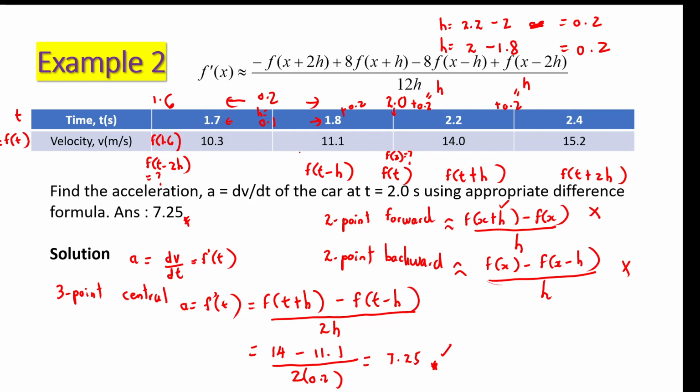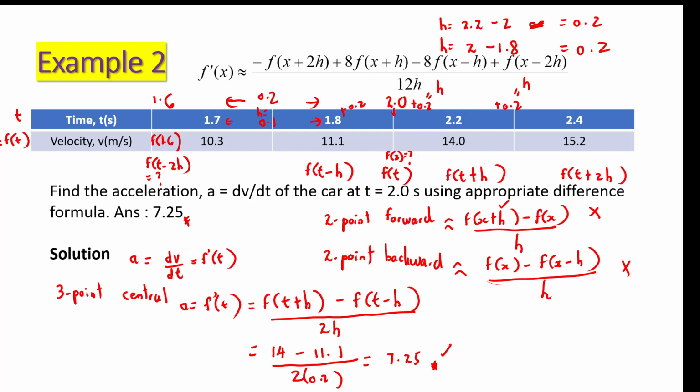If you want t minus 2h, that means 1.8 minus 0.2, you should get 1.6. But f(1.6) is not available. You have 1.7, not 1.6. So that's why you cannot calculate using that 5-point formula, because you need the f(t minus 2h).